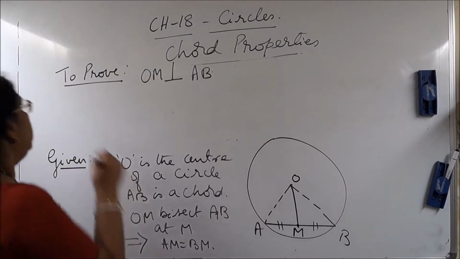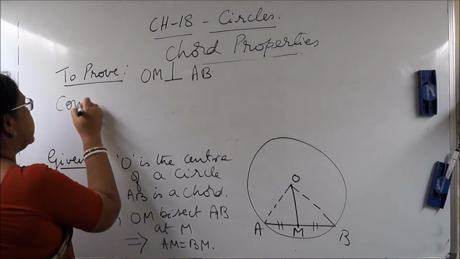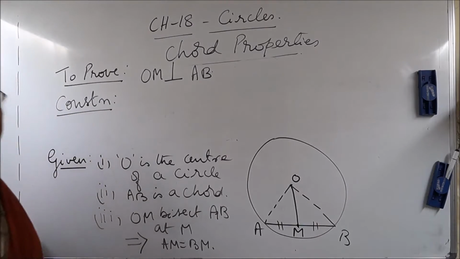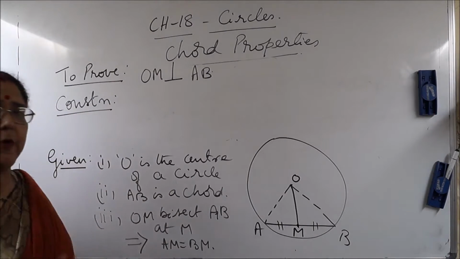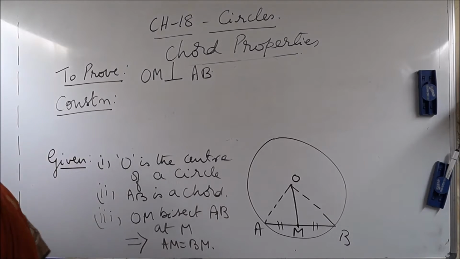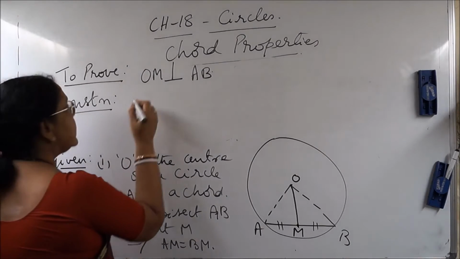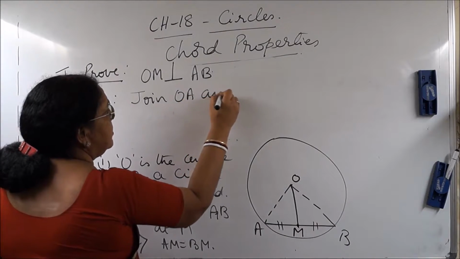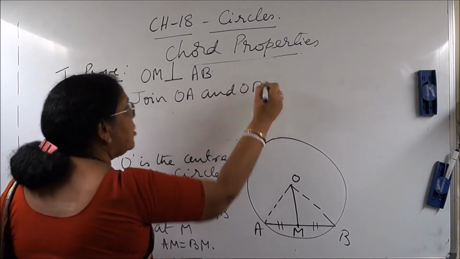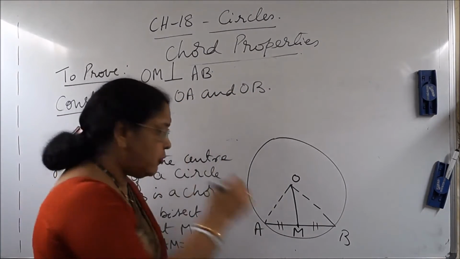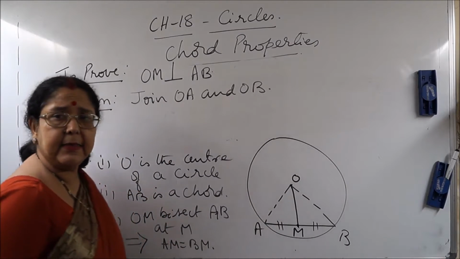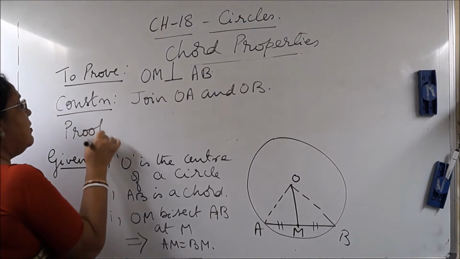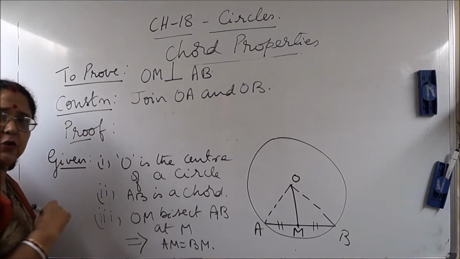We will write that as construction. This is the same way you will write when solving other problems using these theorems. So construction: join OA and OB. What you add on to the diagram should always be in dotted lines.